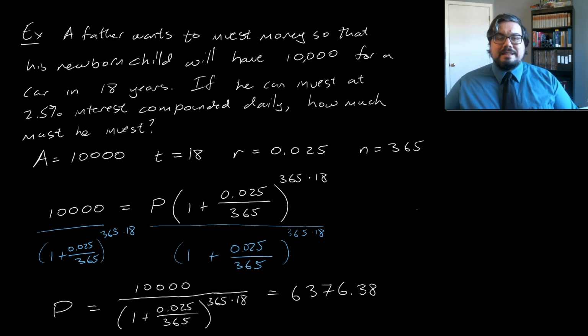So the question is, well, what's the limit here? Could I get myself a huge amount of money simply by compounding a ridiculous amount of time, say every second or every nanosecond? And the answer is, unfortunately, no. There is a limit, but determining what this limit is leads us to one of the most important numbers in all of mathematics.